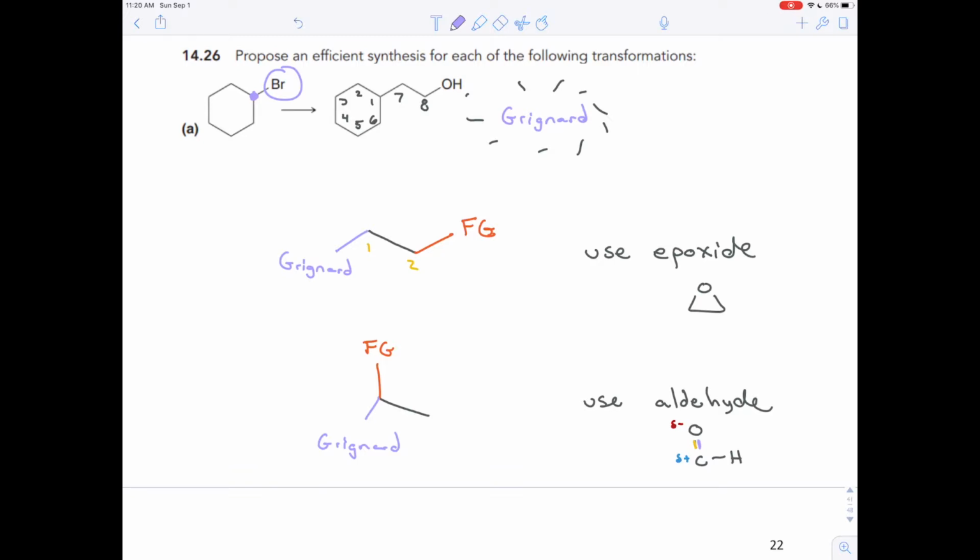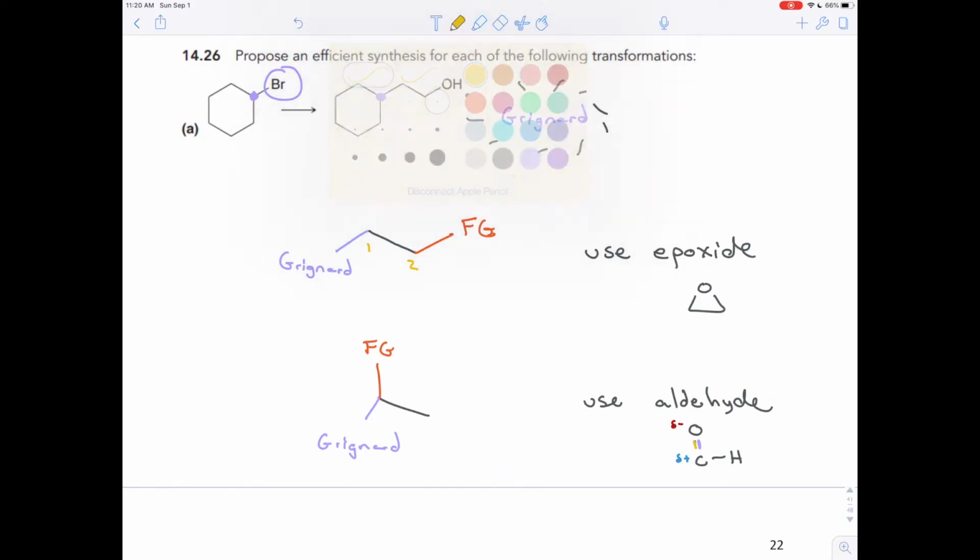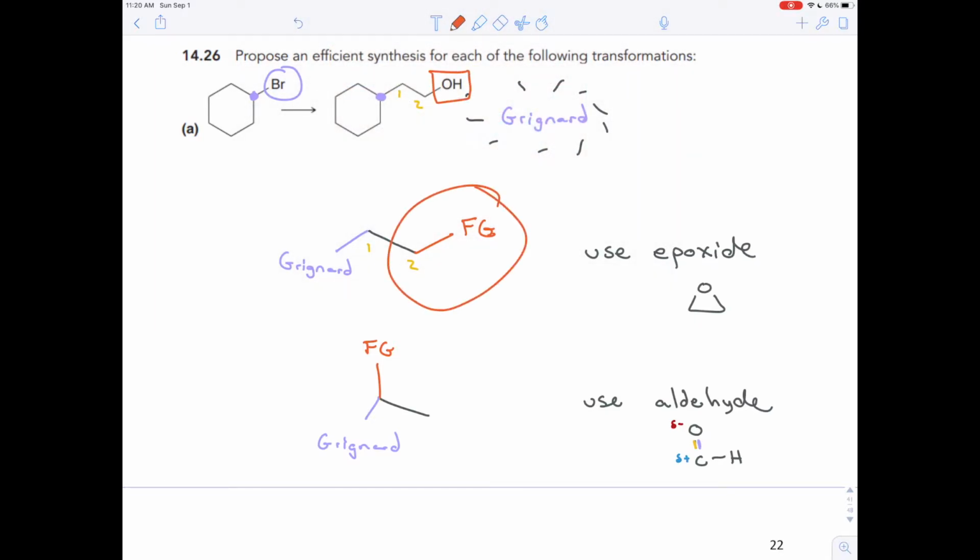That has 2 carbons, so if this is where our Grignard is going to be attaching, we have the 2 carbons here, and notice the functional group is on the second one. And so that means we're going to use an epoxide to make this transformation happen.